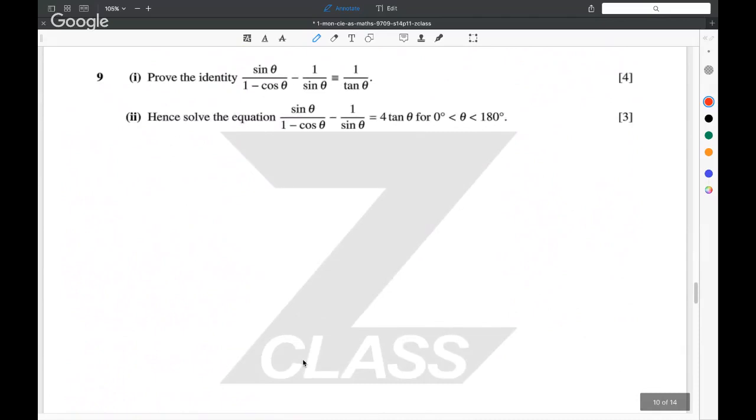Question 9. The first part of the question is asking you to prove an algebraic identity of trigonometry. The simplest way of doing it is just showing that if you combine the terms on the right-hand side together, it will equal the terms on the left-hand side.